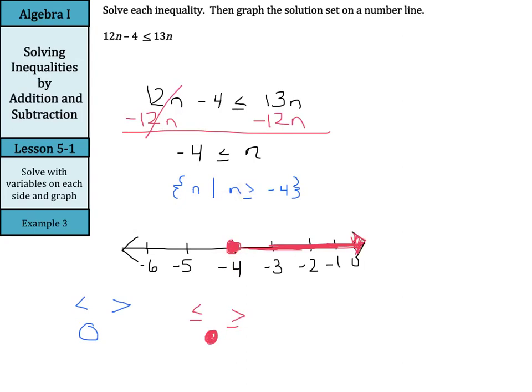Negative 4 greater than or equal to negative 4? Yeah, that's true. So we shade everything that's true, so that's why the circle is shaded. If this was not an or equal to, is negative 4 greater than negative 4? No, it's equal to. Is negative 4 less than negative 4? No, it's equal to. So you shade in the circle when it's true. Let's continue on.